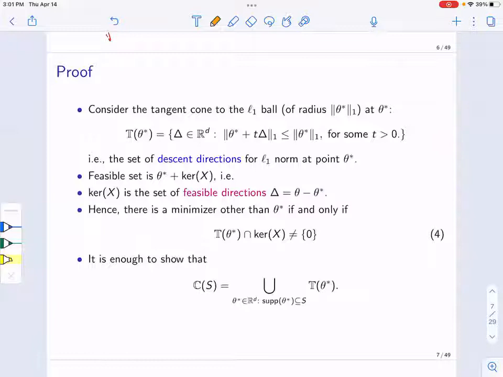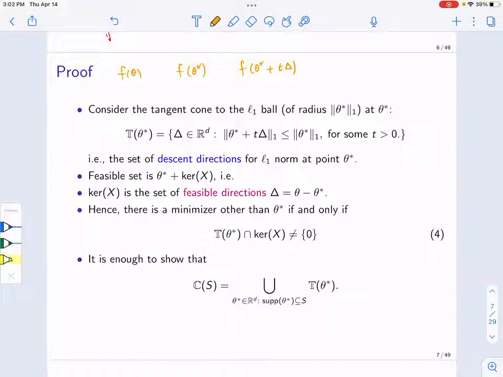So let's define the tangent cone to the L1 ball at theta star. So at theta star, if you think about any function, if I evaluate this function at theta star, and then I perturb theta star in a given direction, like delta, by a little bit, where t is positive and delta is the direction.